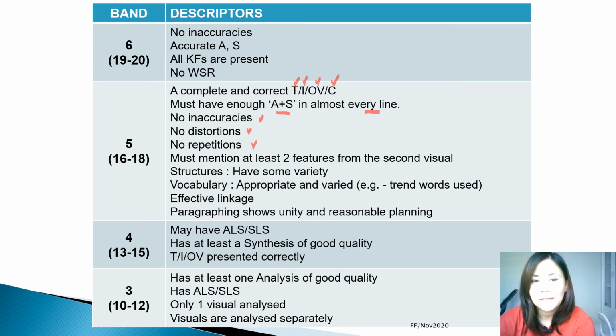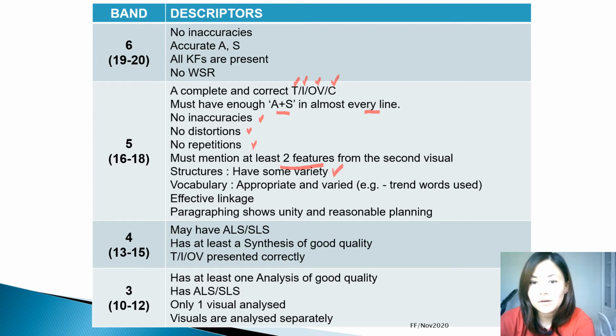And you must mention at least 2 features from the second visual. Meaning to say, the key features from table 1 are the measures. So you have to mention at least 2. Your sentence structure is the language part. As much as possible, you must have a variety of sentence structures.